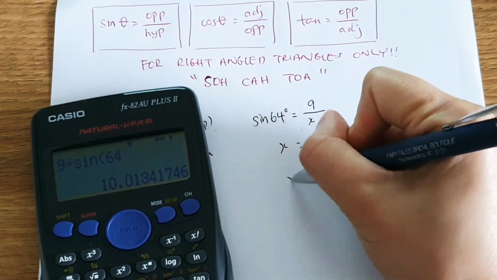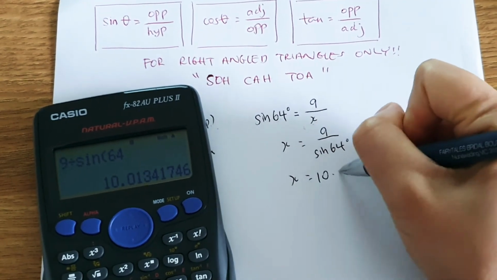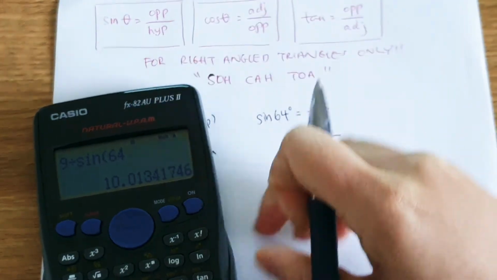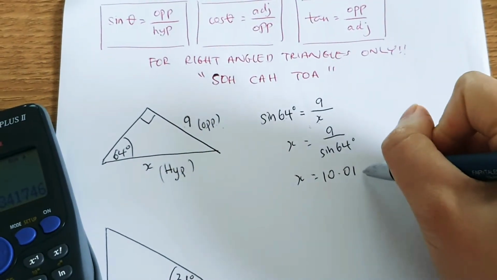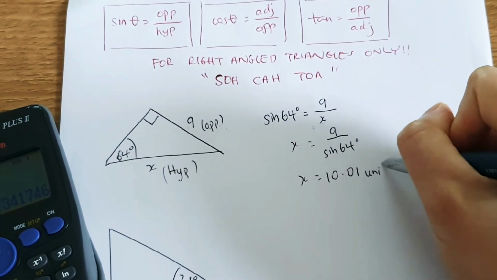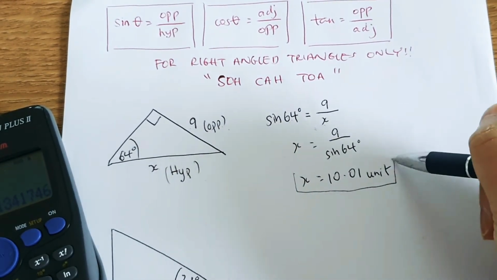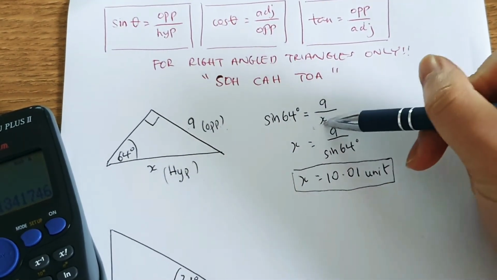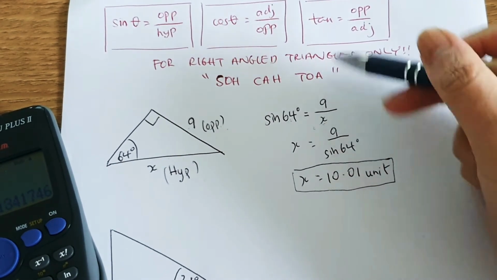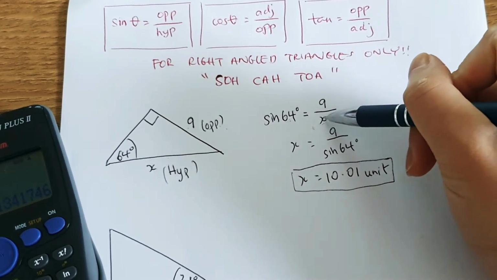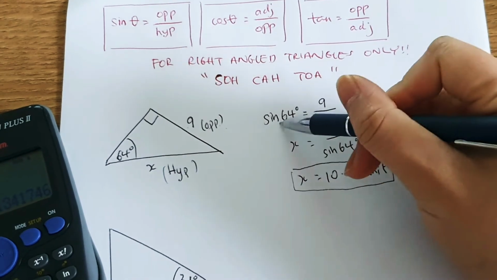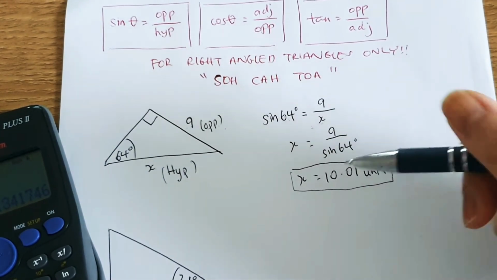So x is equal to 10.01, and we don't have a unit, but that represents the length of this side here, the unknown side. Okay. Now that swapping thing that we do can only work if the unknown's on the bottom. If it's on top, then you simply multiply the other side by the denominator, but I'll get to that in the next example.